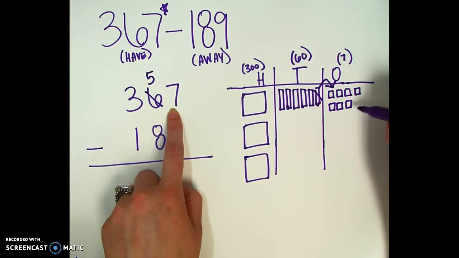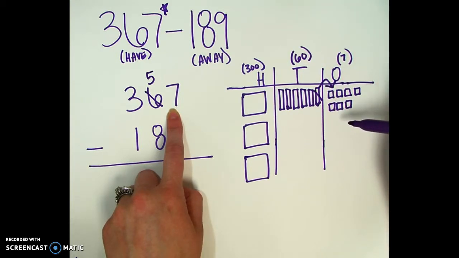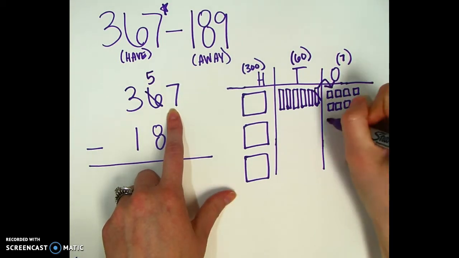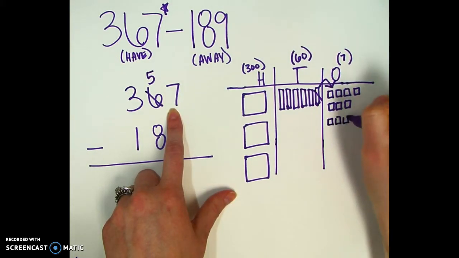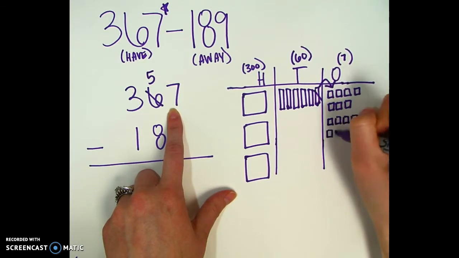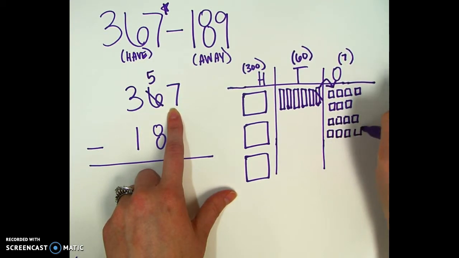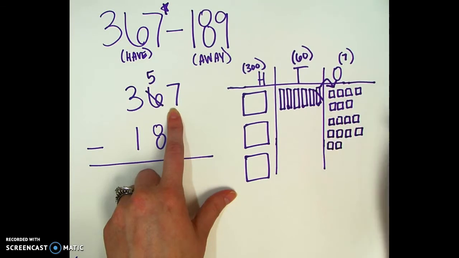Does that mean we now have an 8? No. We're not giving 1 over here. We're giving a 10. It's kind of like I have a dime, and now I need it in pennies. How many ones are in a 10 stick? Well, 10. 1, 2, 3, 4, 5, 6, 7, 8, 9, 10.